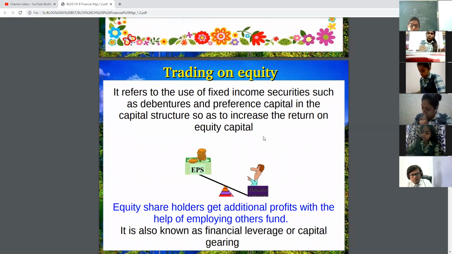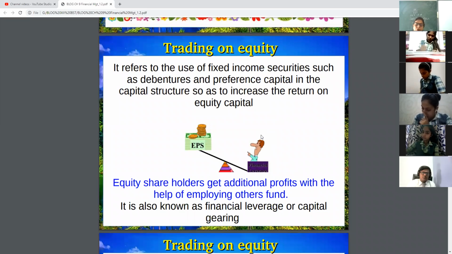Trading on equity refers to the use of fixed income securities. Fixed income securities means those securities which give us fixed income, in the form of interest or dividend, but the amount is fixed. That is possible only in debentures and preference share capital, because in equity share capital fixed income is not possible as they don't carry a fixed rate of interest.